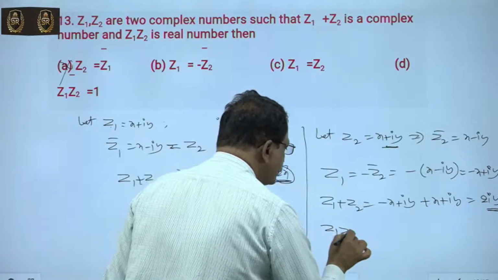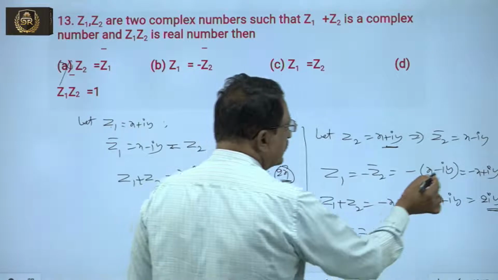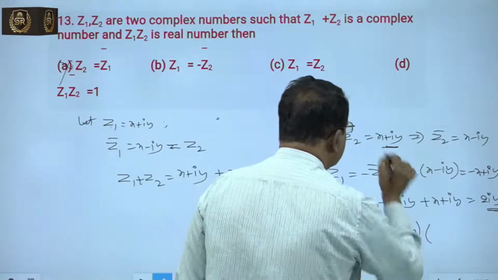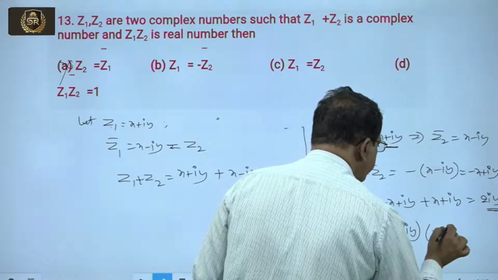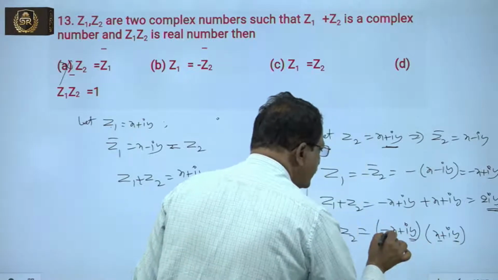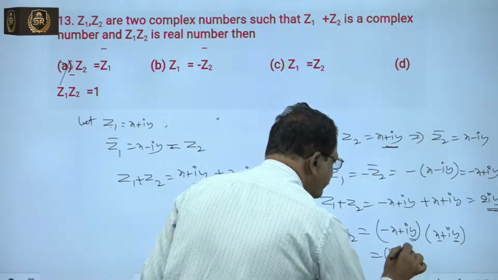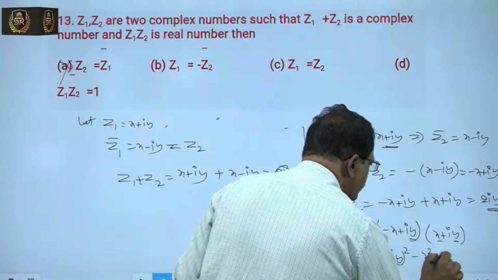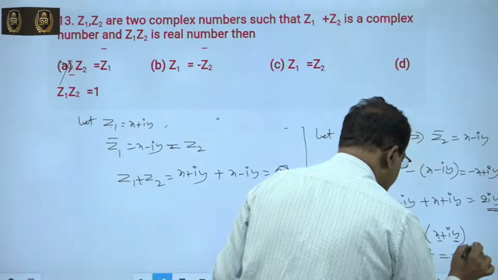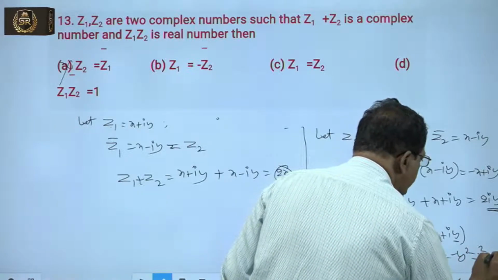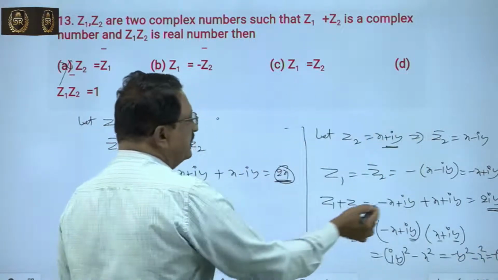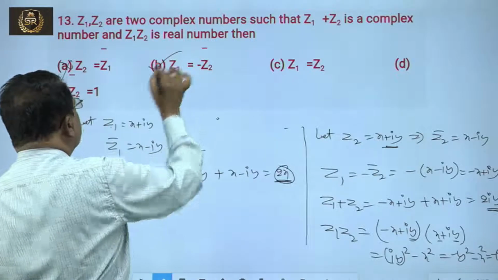Next Z1 into Z2 equals minus x plus iy into x plus iy, that equals (a plus b)(a minus b), iy whole square minus x square. But i square equals minus 1, so minus y square minus x square, that equals minus of x square plus y square. Now it is a real number, therefore the second option is correct.